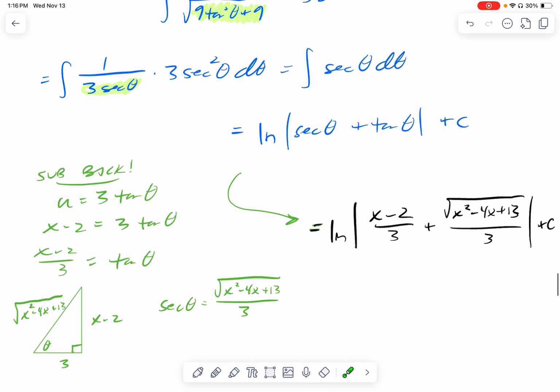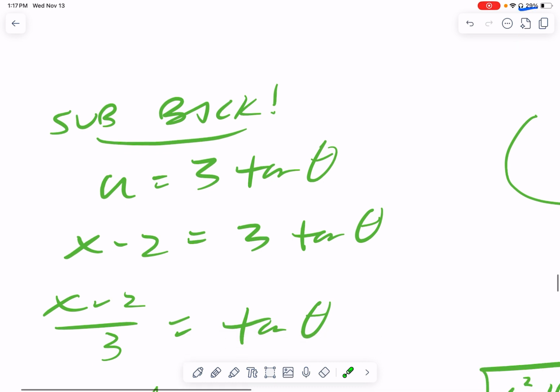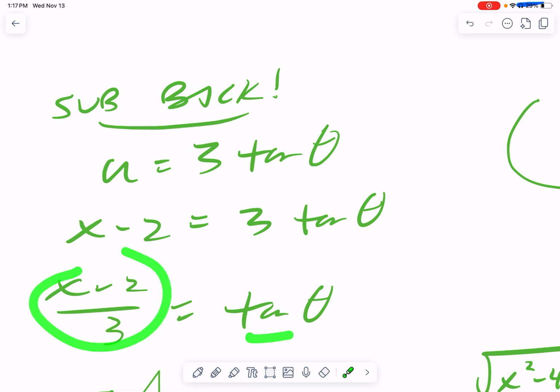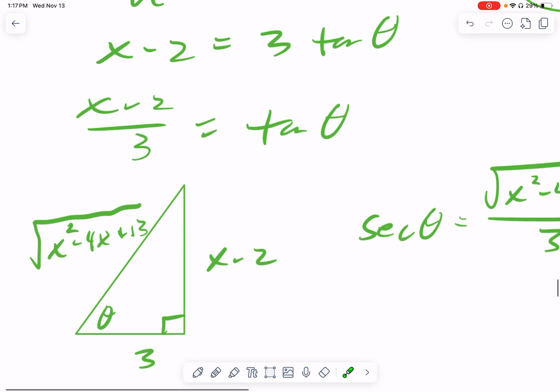So I'm reminding myself that I said u equals 3 tangent theta. And I'm also reminding myself that u was just a temporary name for x minus 2. So let's just get back to x. We don't need u anymore. We're trying to get rid of theta. So tangent theta is x minus 2 over 3. I will draw a little diagram to illustrate that.